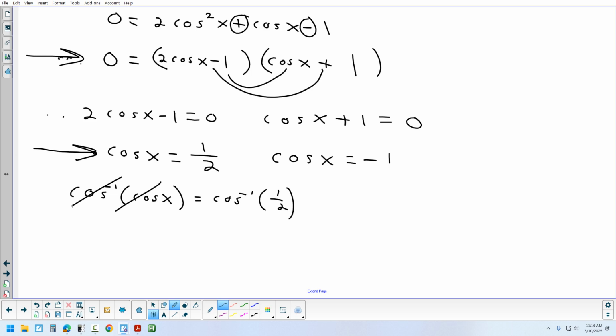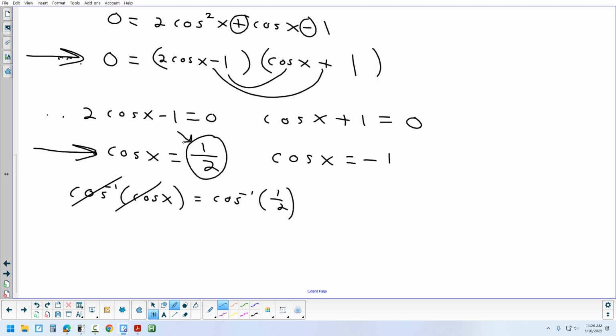If you're taking the inverse trig of a number like 1, negative 1, 0, 1/2, √3/2, √2/2, any of those numbers, you're always going to get a nice answer. If this is a number that you remember seeing on the unit circle, it will come out nice. So that's generally what you look for.